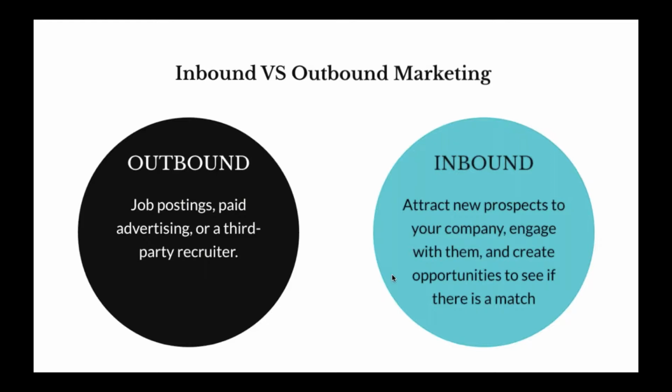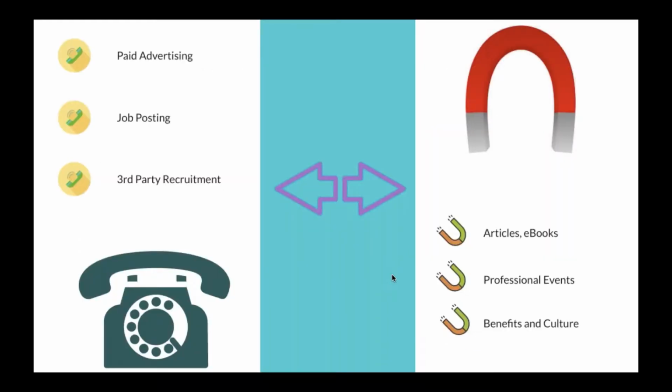So basically, inbound marketing is attracting new prospects to your company, engaging with them, and creating opportunities to see if there's a match. So let's look at it this way. Okay, you have your outbound marketing, which we talked about is paid advertising, job posting, third-party recruitment. It's usually you reaching out, okay, you throwing that net out.